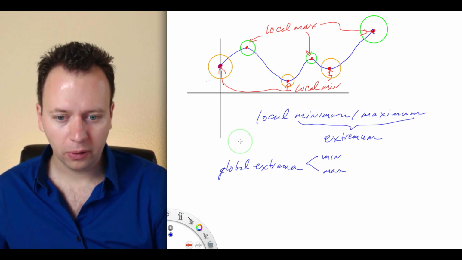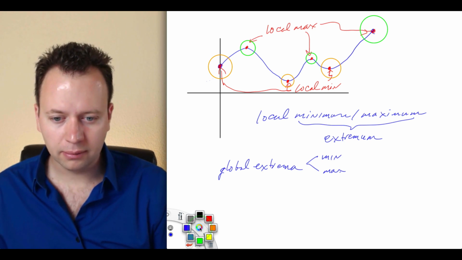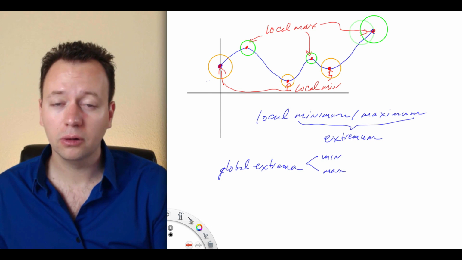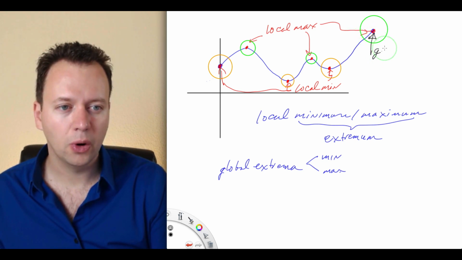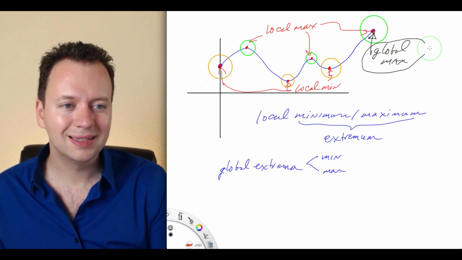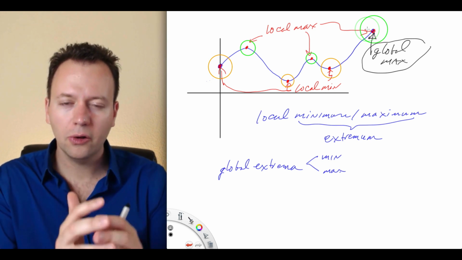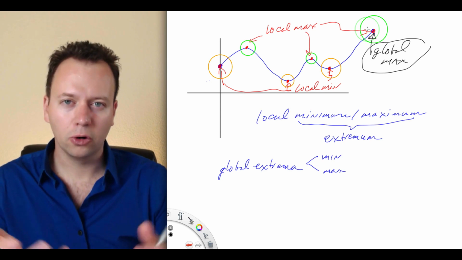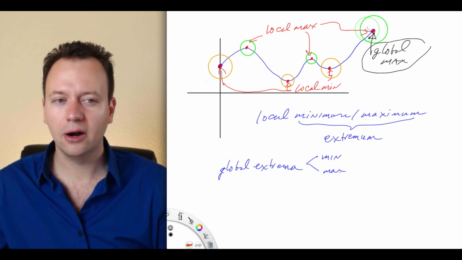So the global maximum for the function that we have is the largest of all of the local maxima. So our global max is the one right there. Not only is this point the king over the neighborhood, the close by points, it's the king over the entire domain, or queen if you want. So it's the largest output value over the entire domain.